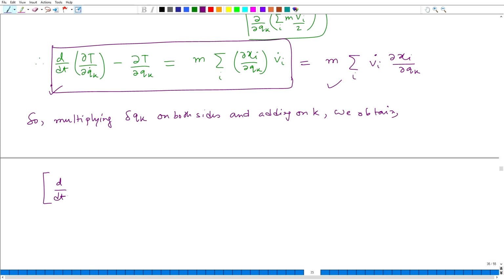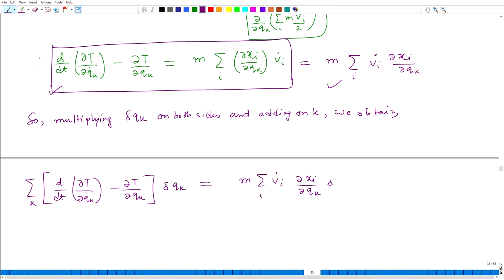d/dt of ∂T/∂q̇_k minus ∂T/∂q_k, times δq_k, summation over k, is equal to m summation over i v̇_i ∂x_i/∂q_k times δq_k, and then you make another summation over k. I can do that without losing any generality mathematically.